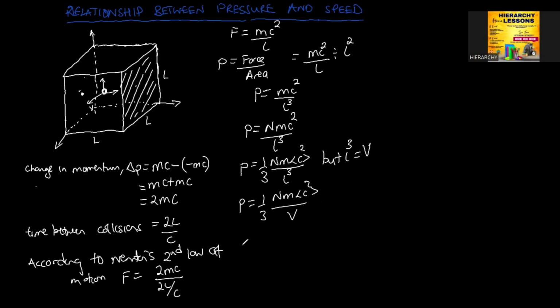We can also express it in this form: PV is equal to one third Nmc squared. That's another form. Let's say this is equation 1, then we label this equation 2. Do you see it?